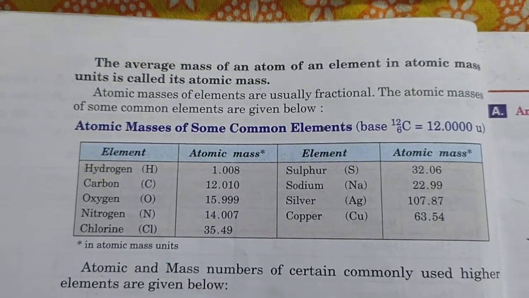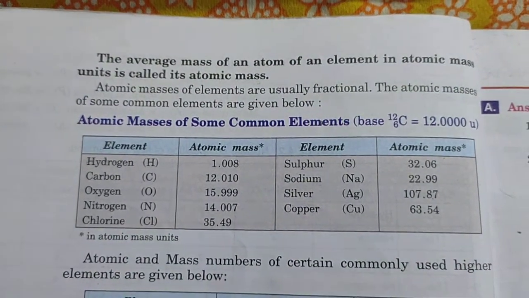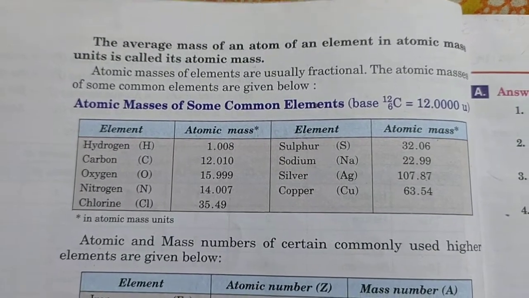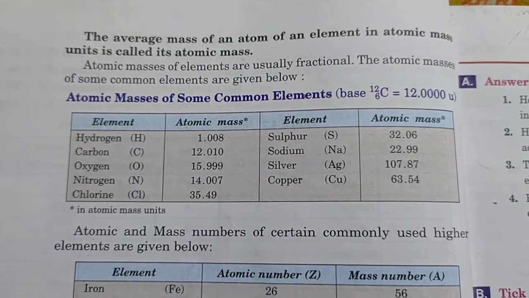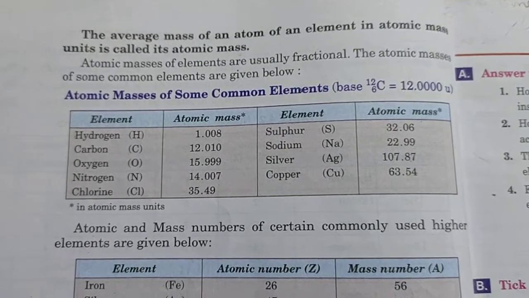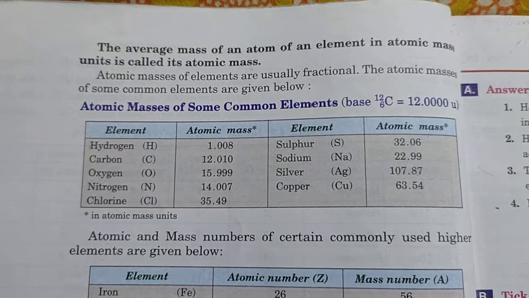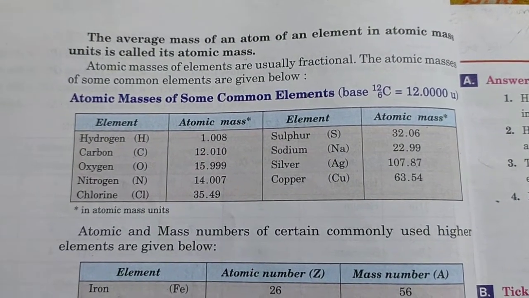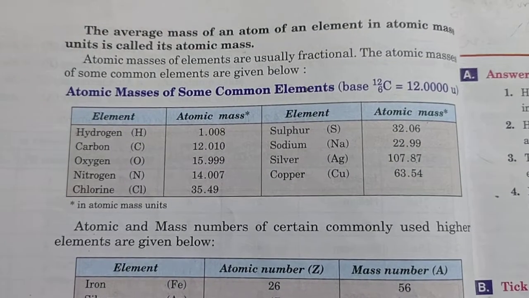So mass number and atomic mass are different. Mass number is the sum of the number of protons and neutrons. But atomic mass is the average mass of an atom of that element. What is the unit of atomic mass? You will say atomic mass unit.